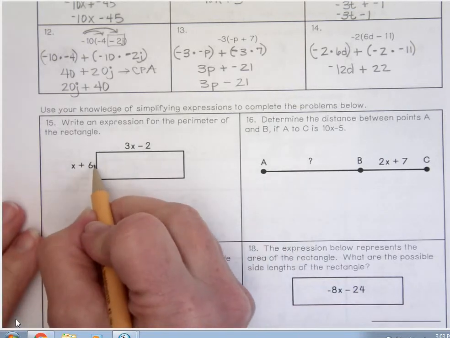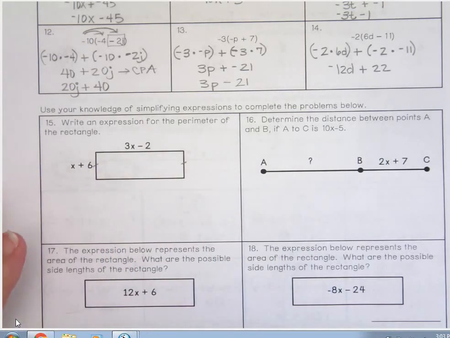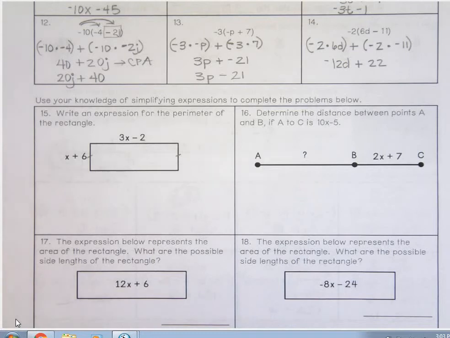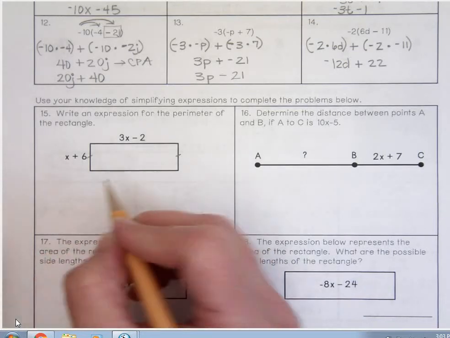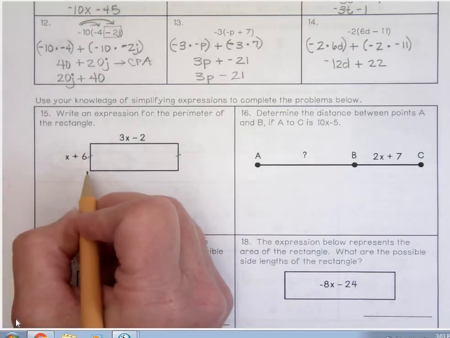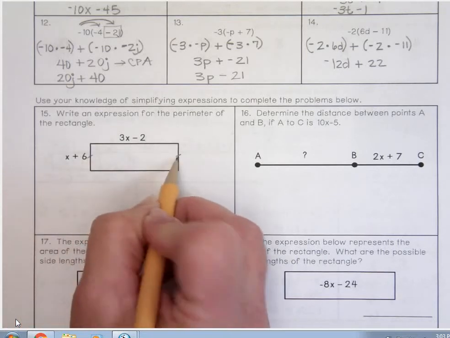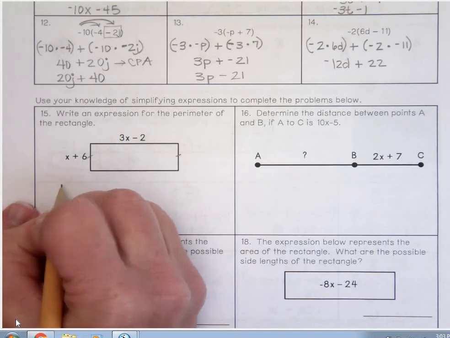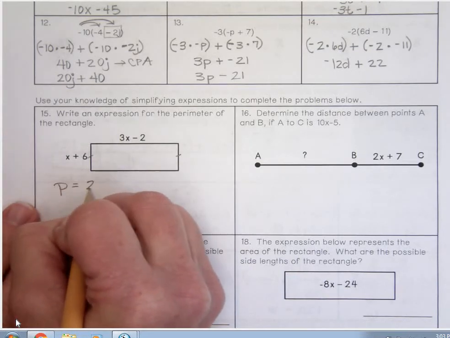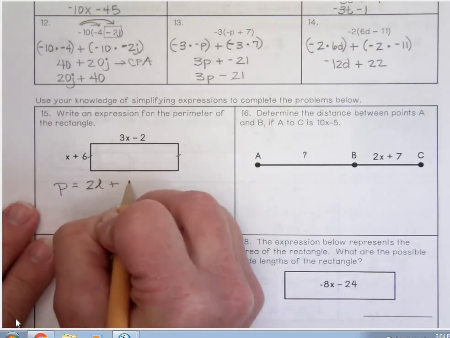One way would be to double. Okay, so we're going to write our perimeter expression by doubling the length and doubling the width.